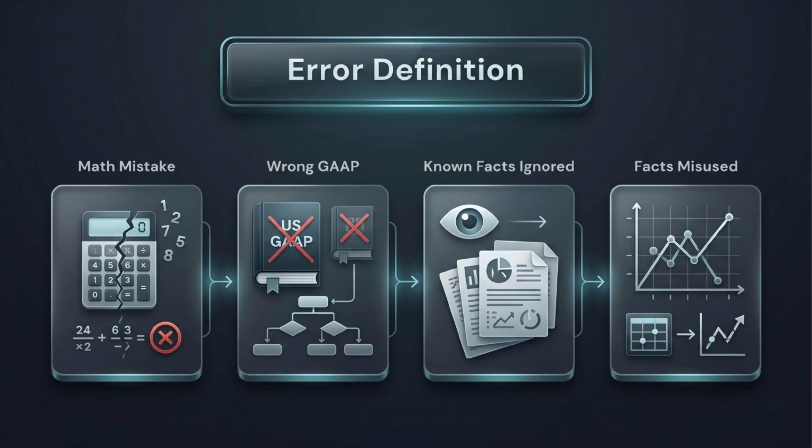Known facts ignored means relevant information existed at the reporting date but was not included. Facts misuse means the information was available but management or accounting staff applied it incorrectly. Notice the pattern. The problem is not new future evidence. The problem is that past reporting did not properly use information that should have been used.